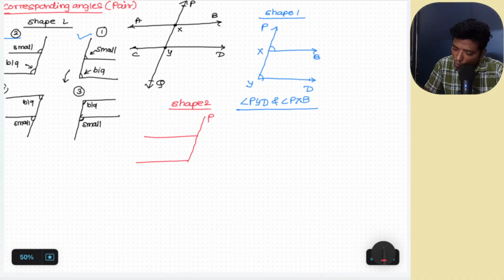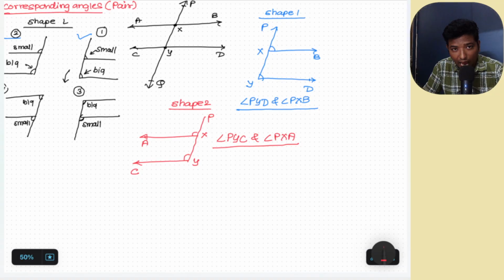P, Y, T. This is the bigger L, and within the bigger L, there is a smaller L, X. So I can write this pair, that is angle PYC and angle PX, the second pair of corresponding angles from shape two.